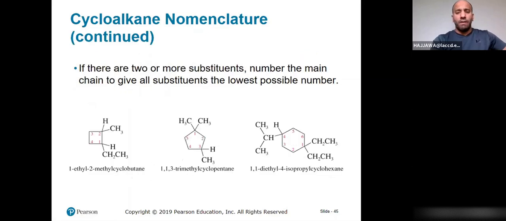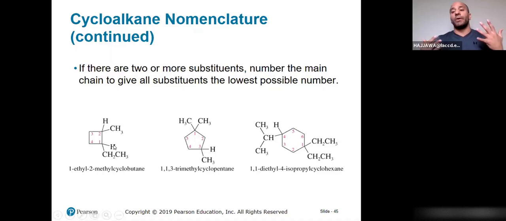Now, when it comes to having two substituents on the cyclic alkane, the priority in terms of numbering the ring will go for the one that shows up alphabetically first. I have a methyl and I have an ethyl. Which one would go first? Ethyl. That's why the numbering will start from there.